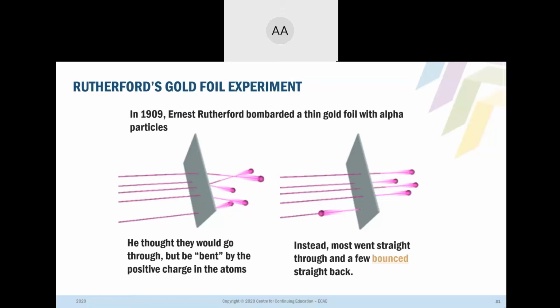So Rutherford needed to conduct further experimentation and come up with an entirely new model of the atom. And because the vast majority, most of the alpha particles had passed through the gold, his reasoning was that most of the atom was empty space.